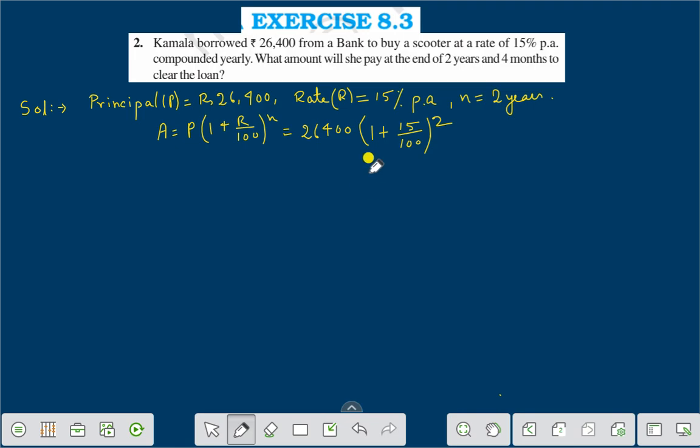Therefore, we cut it by 5: 5 threes are 15 and 5 twos are 10.